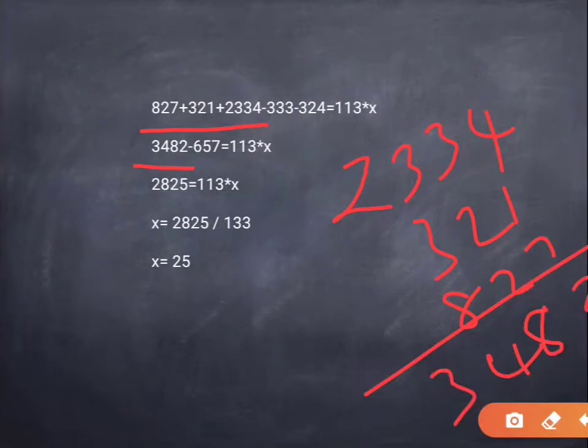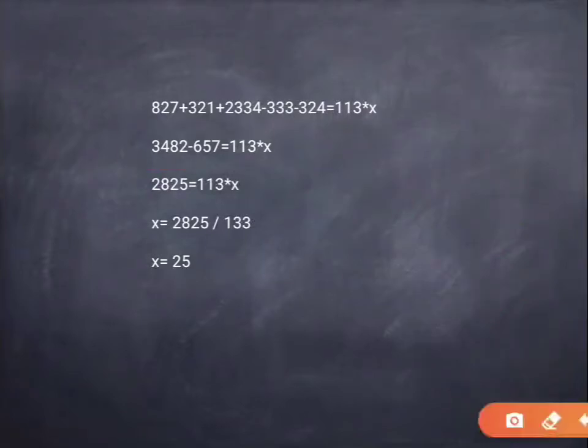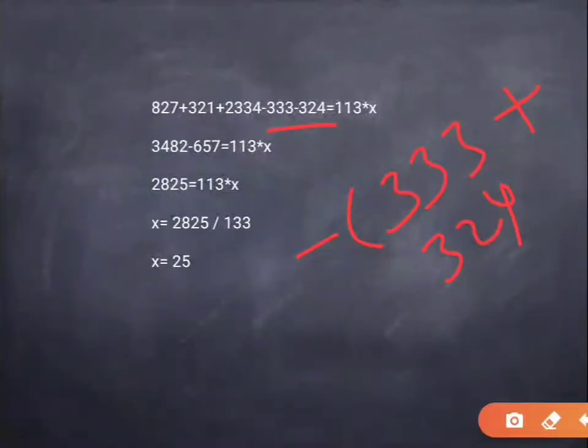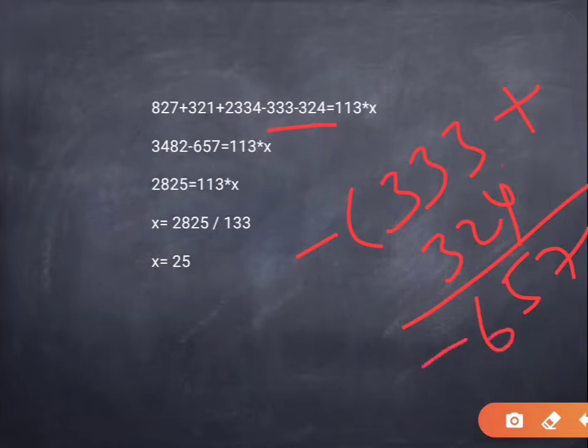Yeah, we get 3482 here. Now this is minus of 333 plus 324, that is 657.